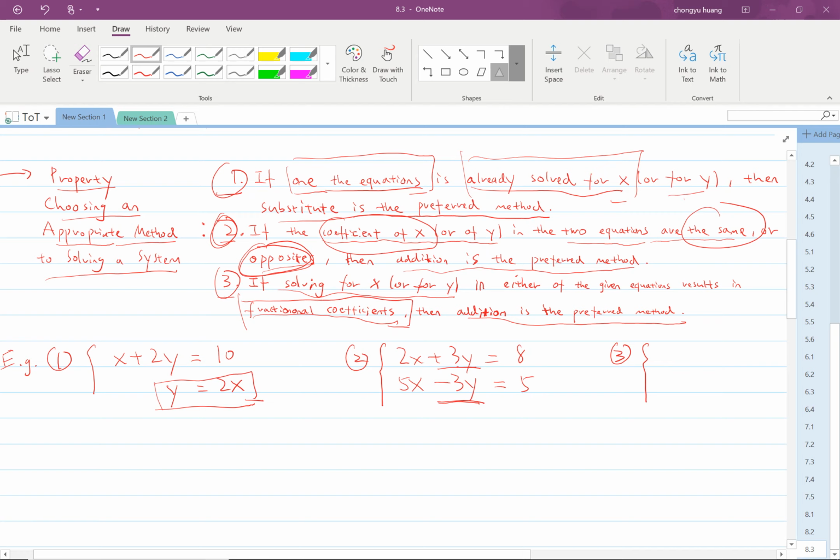We have something like 5x plus 3y is equal to maybe 4, and something like 2x plus 4y is equal to maybe 3. So for statement 3, we get some fractional coefficients, right?